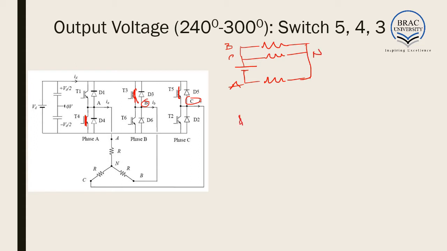So VBN is equal to VCN is equal to VDC by 3, VAN is equal to minus 2 VDC divided by 3.